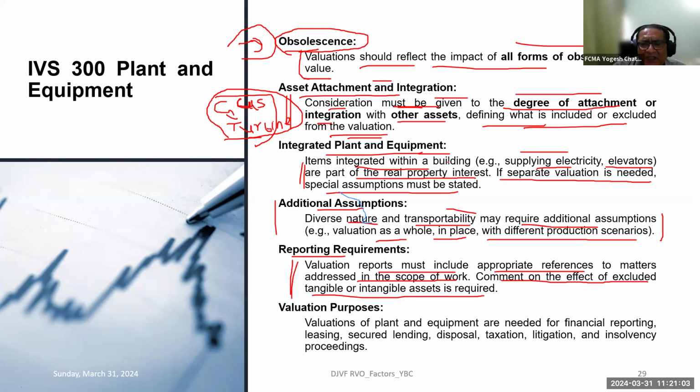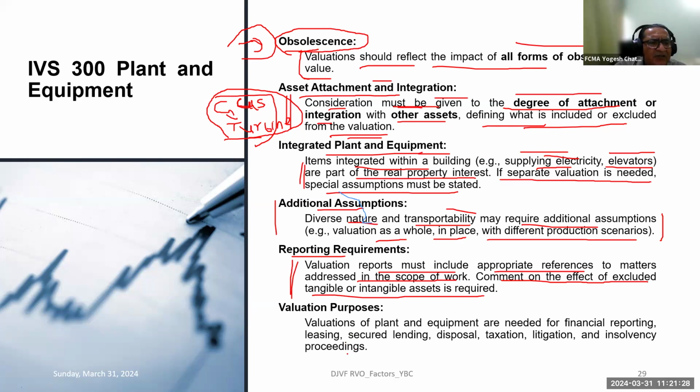Two, three examples are given here, like electrical equipment or elevators, whether that is a part of the plant and machinery, or an intangible asset like software deployed in an automated machine, whether the valuer has considered the value of that or not.